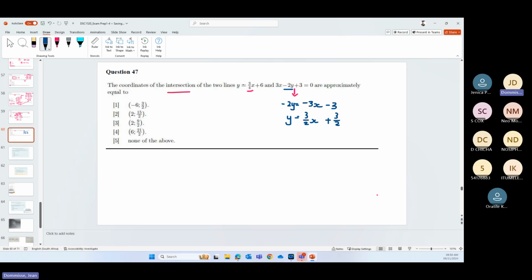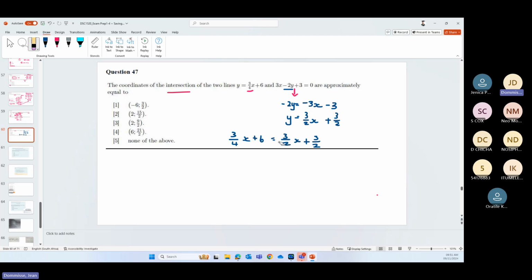Okay, so now we've got 1y is equal to that, the other one, so we can say 3 over 4x plus 6 is equal to 3 over 2x plus 3 over 2. So we've got a 3 over 4 here, 3 over 2. What I will do with this one is change it so that we are working with the same denominator.